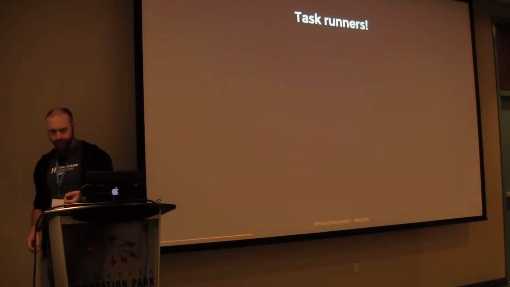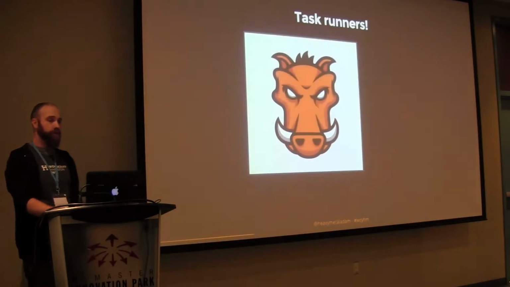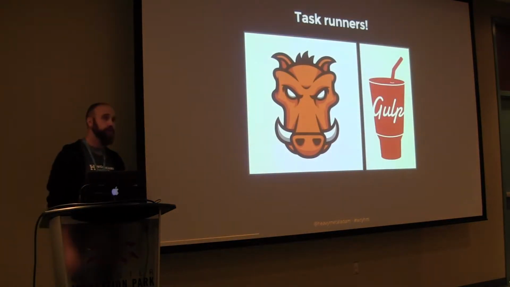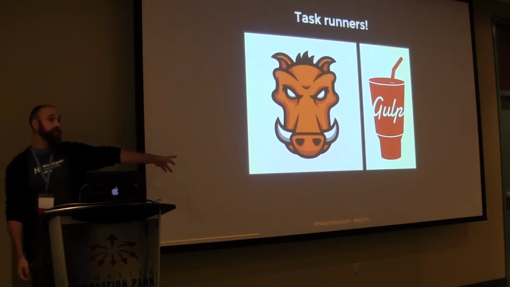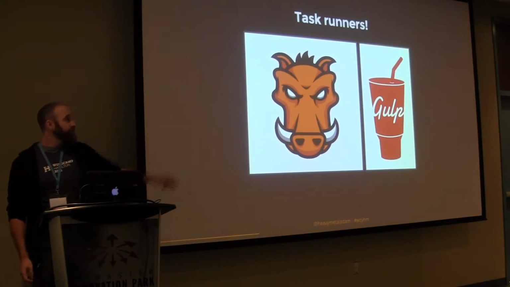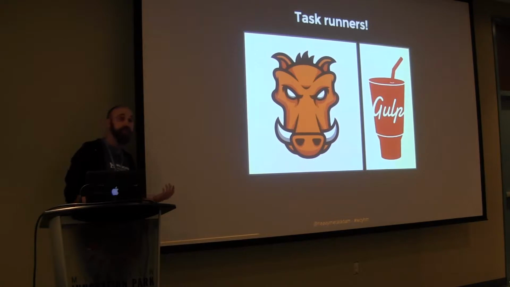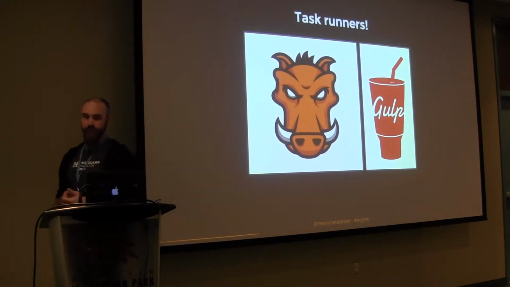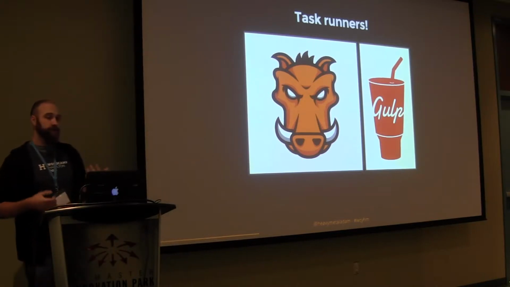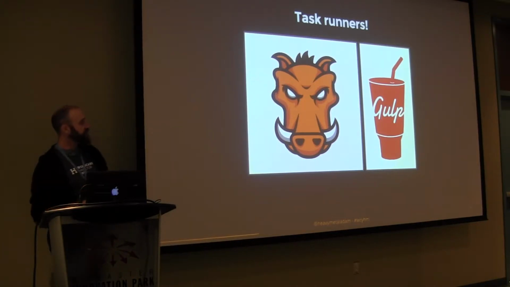Task runners. You may have heard these before. Grunt, Gulp. Does anybody know of Grunt and Gulp? Does anybody use Grunt and Gulp? Cool. So what these tools do is do things automatically for you. Let me actually touch on the differences.